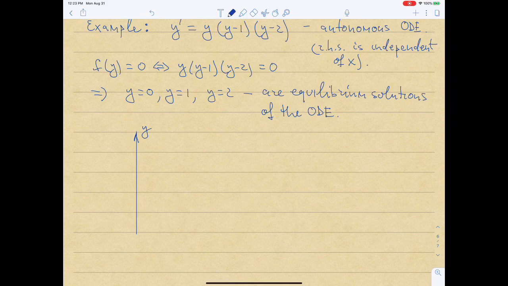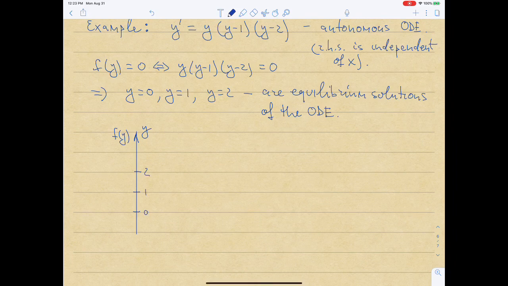I need to sketch 3 points on it: 0, 1, and 2. At those points, f of y is equal to 0, like we said. Those will correspond to equilibrium solutions. So now we look at f of y. So in this case, this is y times (y minus 1) times (y minus 2). So 0, 1, 2.